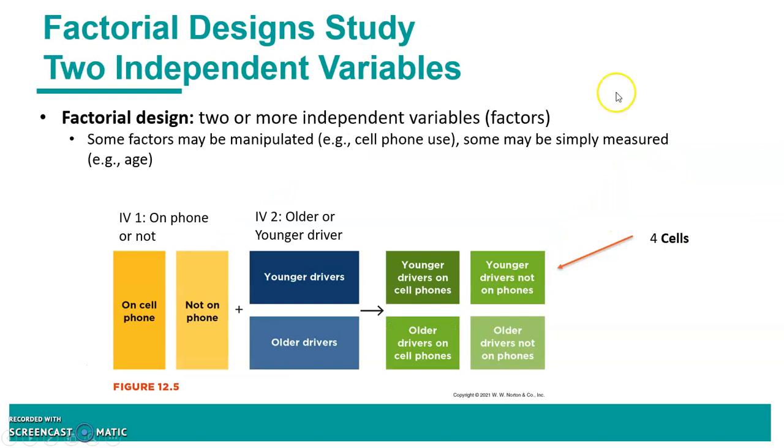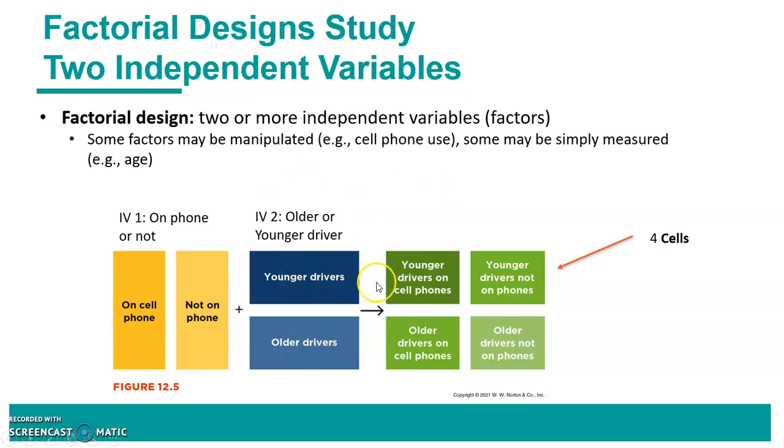So here's an example study from the textbook, which we'll reference quite a bit. You have either driving while talking on a cell phone or not on the phone, and then the other independent variable, which also has two levels, is younger or older.